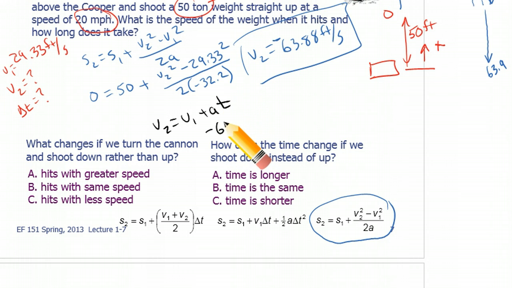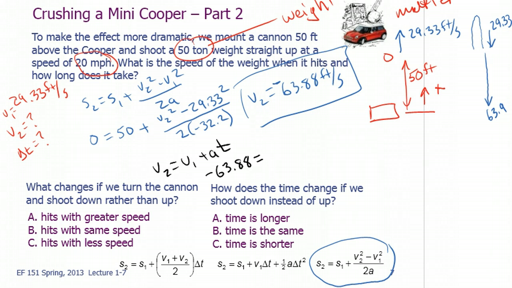We said V2 is minus 63.88 equals the positive value for our initial velocity of 29.33 plus minus 32.2 delta t.